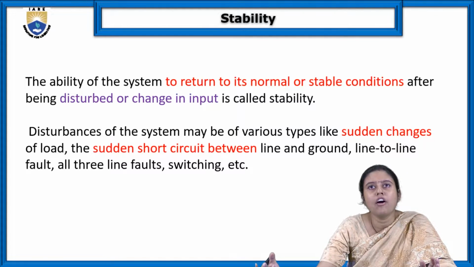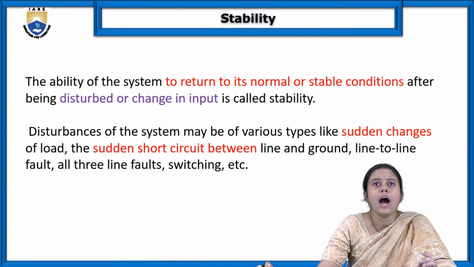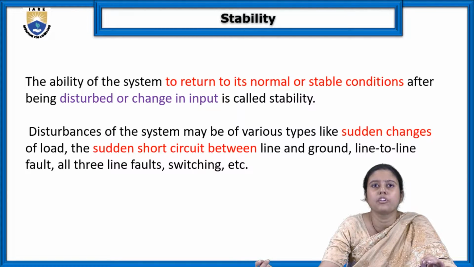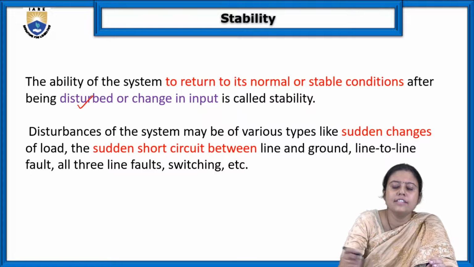So the ability of the system to return to its normal. What is our desired input? We are getting the desired result or the stable condition after being disturbed. Say we are switching on a fan or a motor, and suddenly there is a voltage fluctuation. This is called the disturbance.